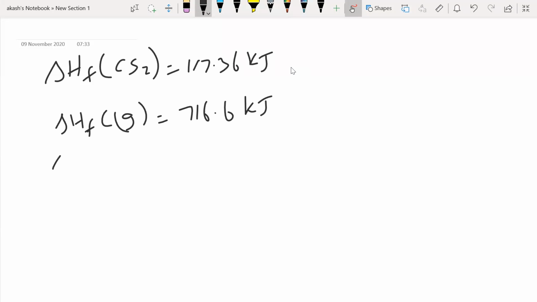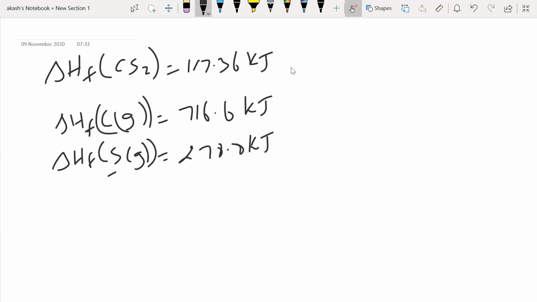And they have also given the enthalpy of formation of sulfur atomic gas as 278.8 kilojoules. And what they are asking is the bond enthalpy of CS2.